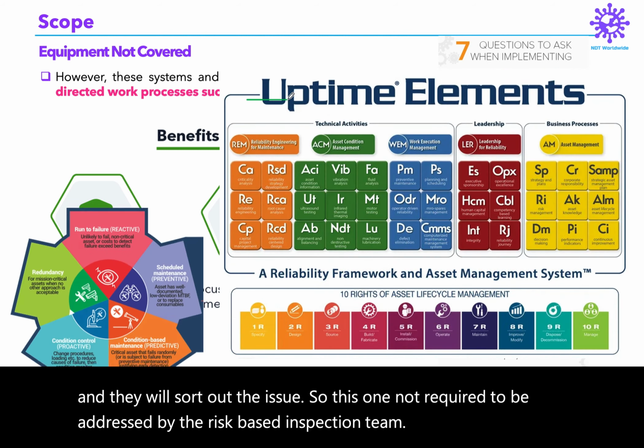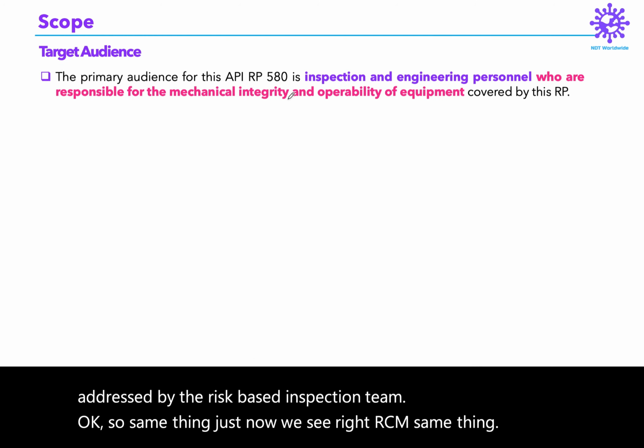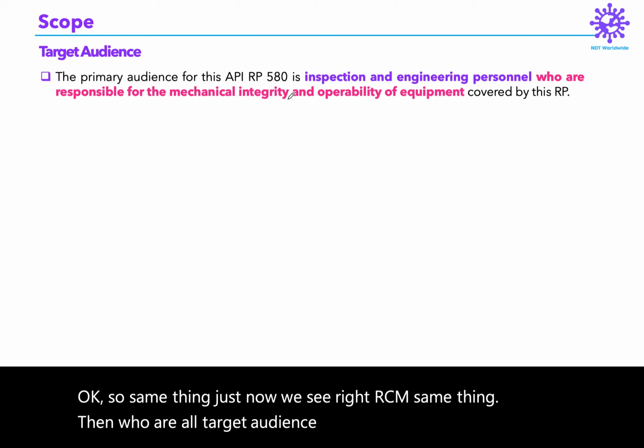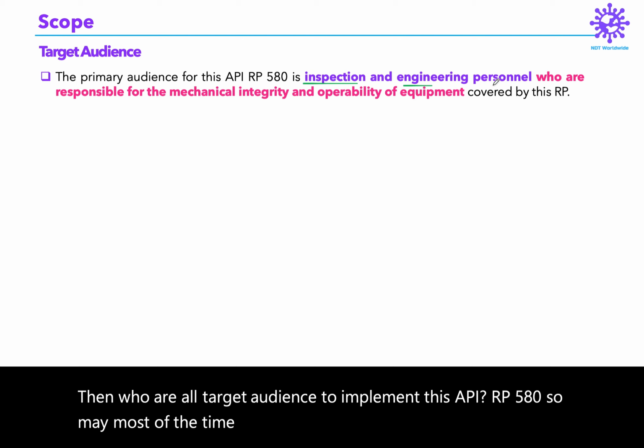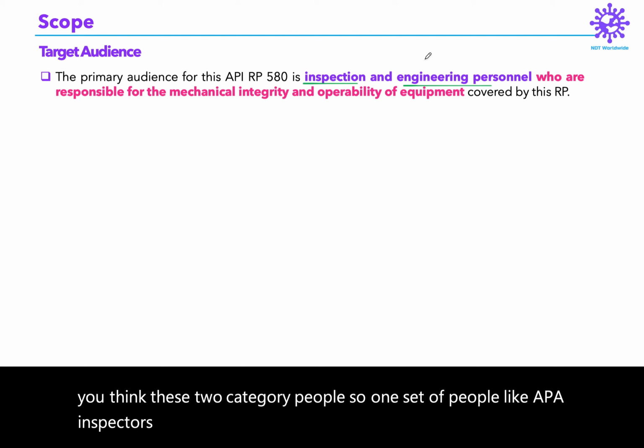Okay, same thing we just saw, RCM. Then who are all the target audience to implement this API RP 580? Most of the time, inspection and engineering personnel. One set of people are the API inspectors, who may be an internal department or external.